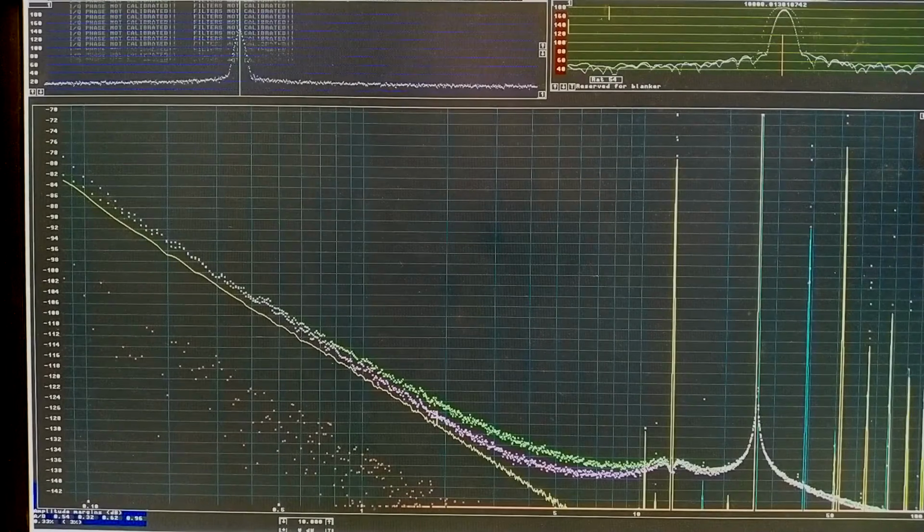And the red is my channel 2 reference oscillator, which is better than the Wenzel at 1 Hertz offset. But at 0.1 Hertz offset, the Wenzel is significantly better than my reference oscillator.